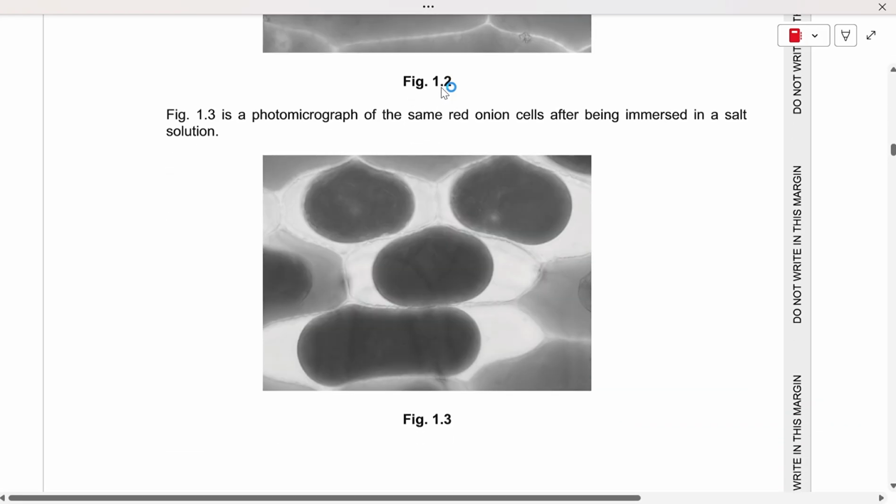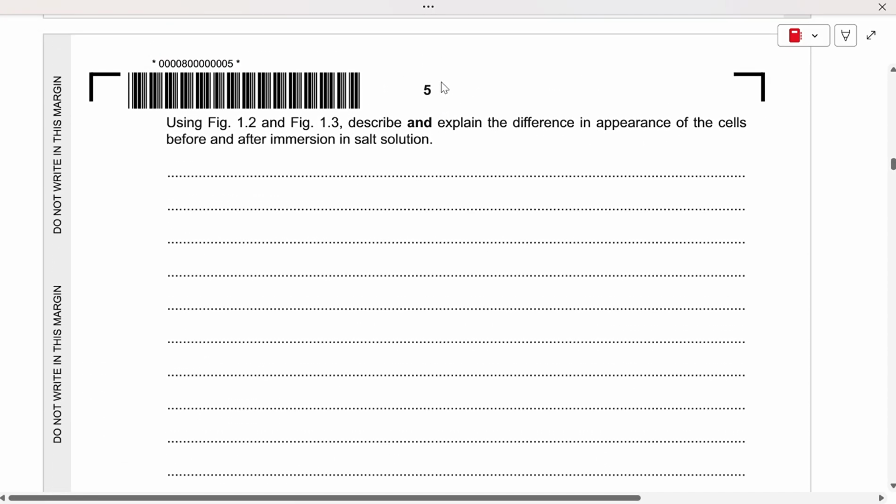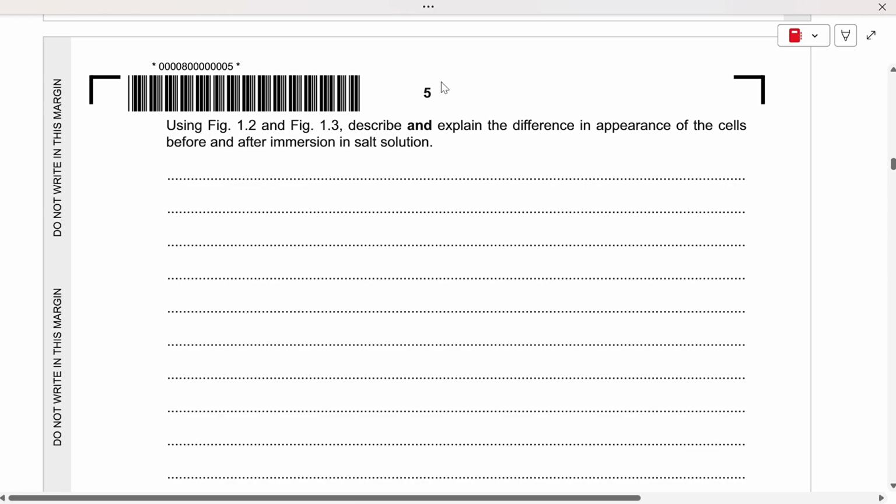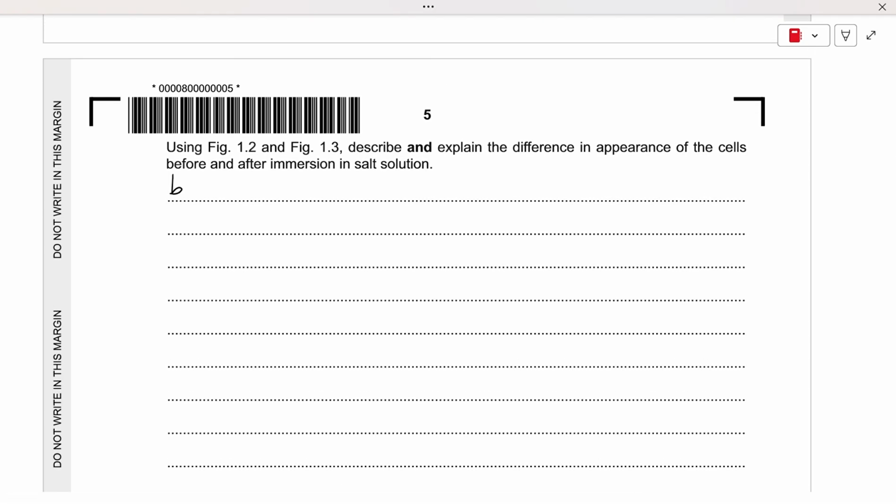Alright, so we can write those explanations over here. Appearance: before immersion, the cell appears turgid.